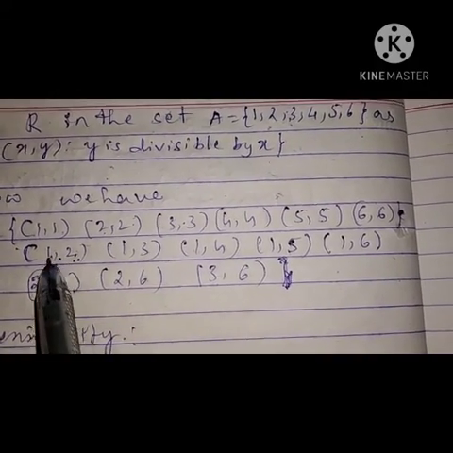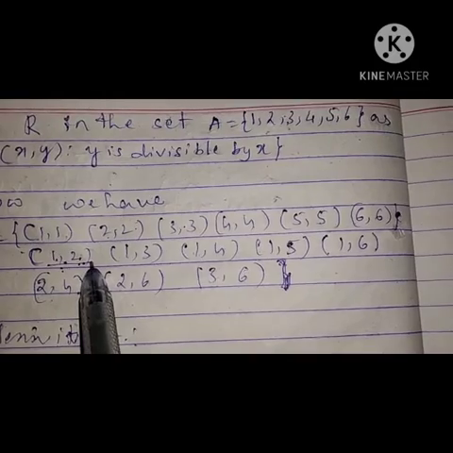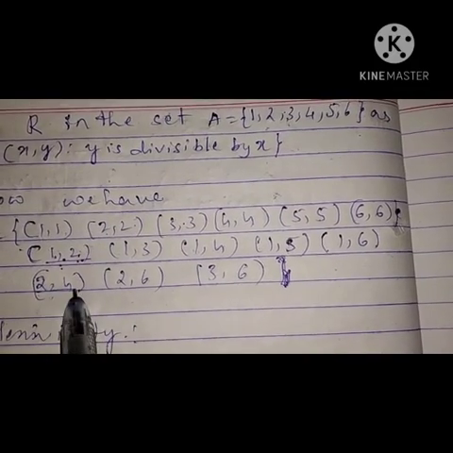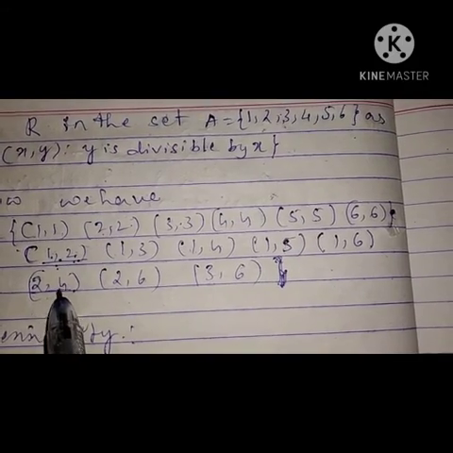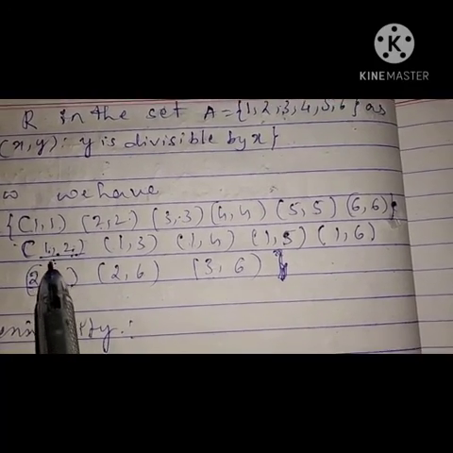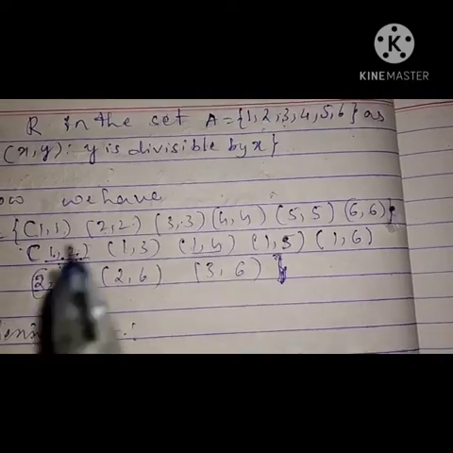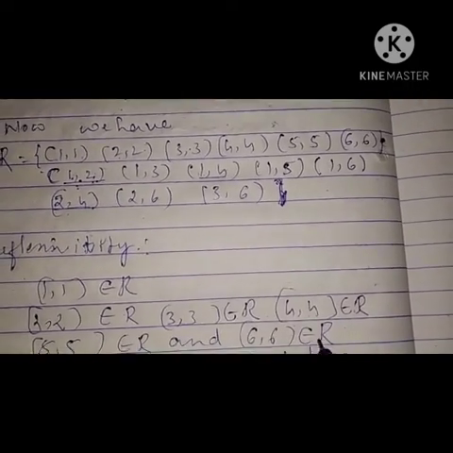So 1 divides 2 and 2 divides 4, then 1 divides 4 is here. So therefore it is transitive.